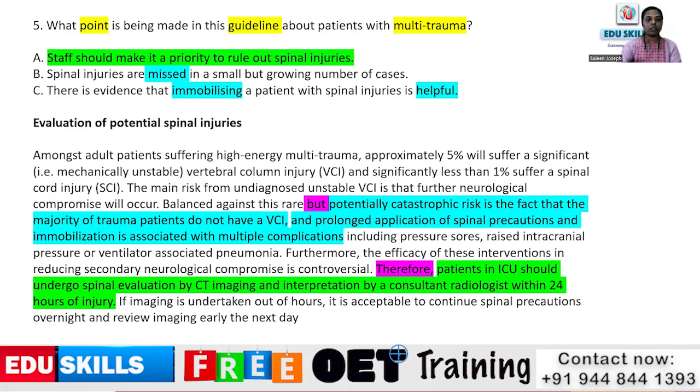Whether they're talking about whether immobilizing the patient with spinal injuries is helpful, we can see in the text as, but that is also a contrast word, but potentially catastrophic risk is the fact that the majority of trauma patients do not have a VCI, and prolonged application of spinal precautions and immobilization is associated with multiple complications. Okay, so it is not helpful. So answer option C can be eliminated. So hence answer option A, staff should make it a priority to rule out spinal injuries, is the correct answer.